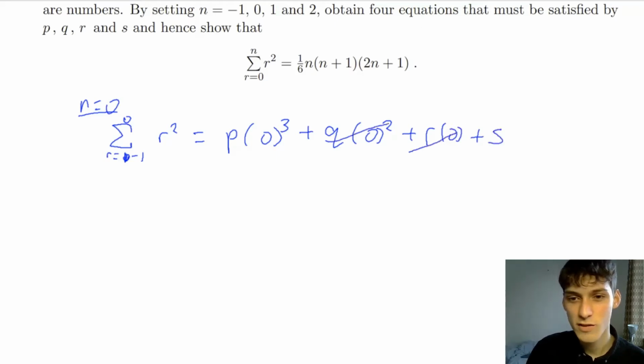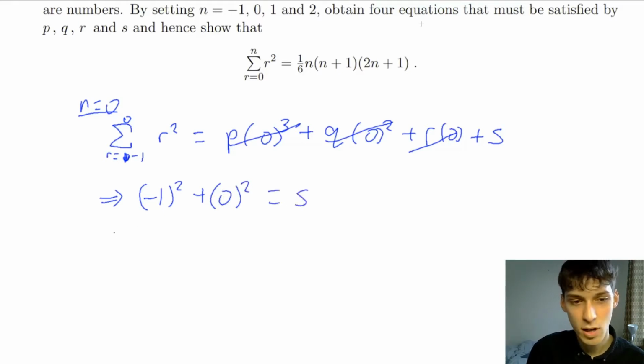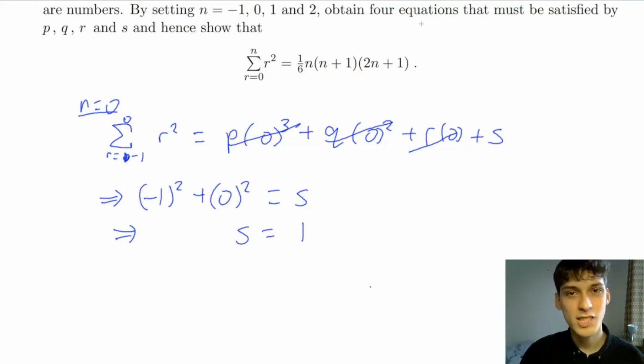So lots of terms cancelling, all of these will cancel out because they've got a 0, and that leads us to have -1 squared plus 0 squared is equal to s, or s is equal to 1. So already we found one of the values that we wanted to find. We found the value of s, and I think we should just continue like this.